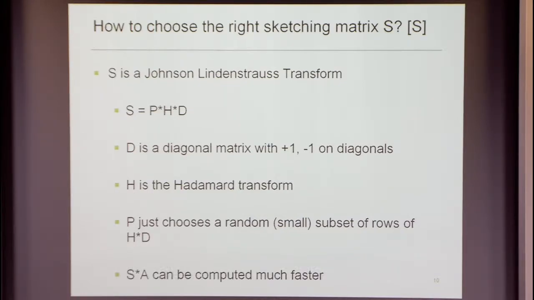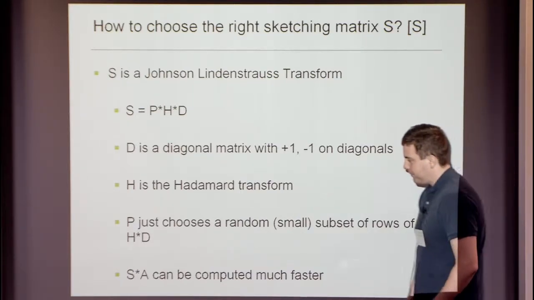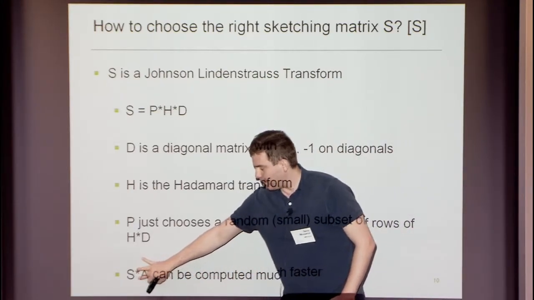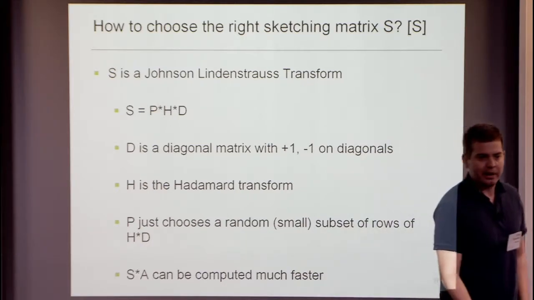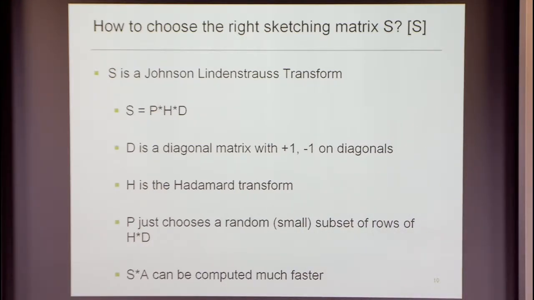So S times A can now be computed: if A has d columns, and for each column I apply S in n log n time, I can compute this matrix-matrix product in n d log n time, which is much faster than the n d squared time that we saw for IID normal random variables.